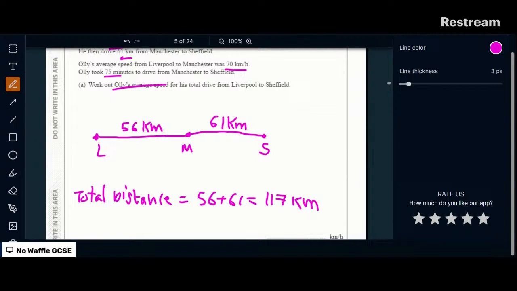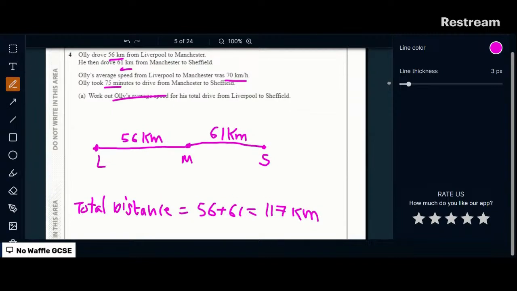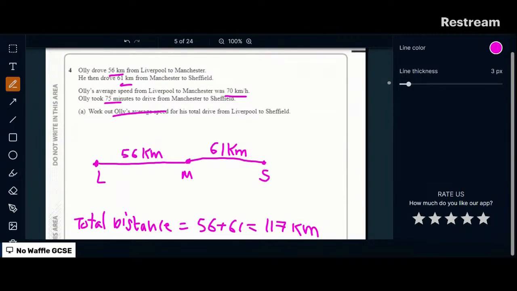Next up, what do we want to work out? Or what other information is given to us? So we've got Ollie's average speed from Liverpool to Manchester was 70 kilometers per hour. So we're told that the speed from here to here was 70 kilometers per hour.